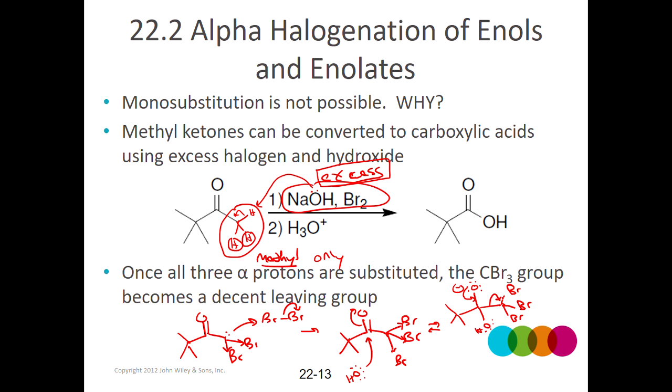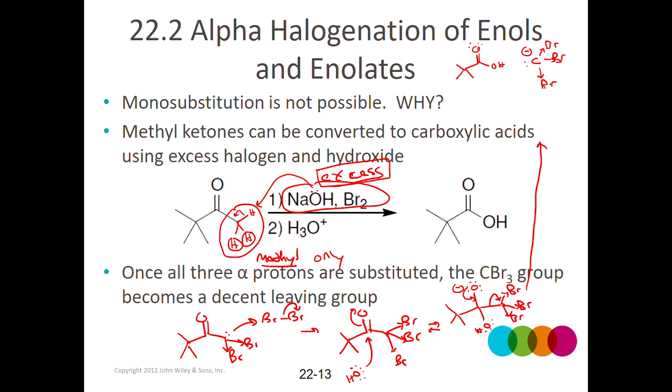Normally a carbon won't leave, but because these bromines are here withdrawing electrons, that carbon leaving group that leaves now has 3 bromines on it. So even though it's negative, a lot of that electron density is withdrawn and spread out over the bromines through induction. That really is enough to stabilize that negative. But in order for that to happen, you need to have 3 halides, not 2 or 1.